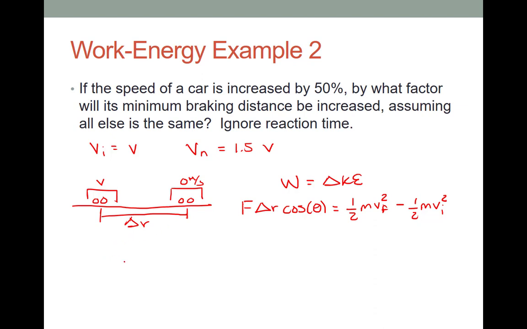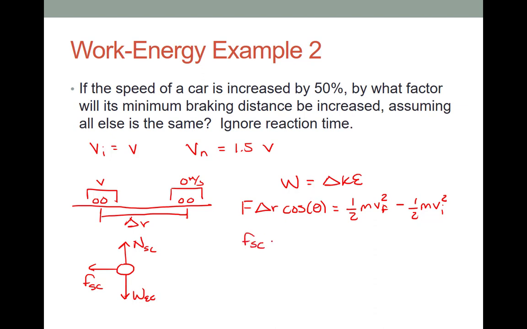Okay. If we think about the forces on the car, you will have a normal force pointing upward, gravitational force pointing downward, and you will have a frictional force pointing opposite the direction of motion. Since I have this car moving to the right, I'm going to let the friction point to the left, which means this angle will be 180.